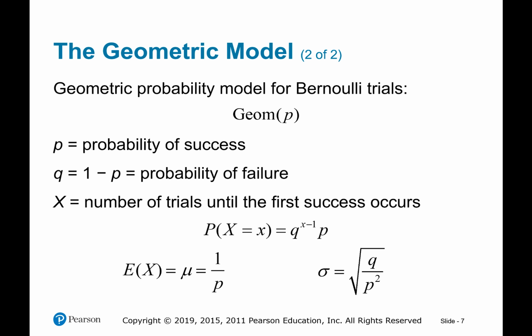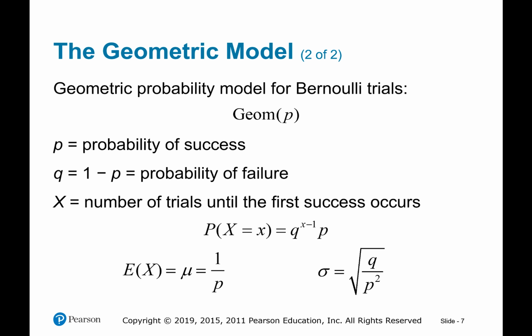Now those ones down at the bottom, make sure you catch these. E of x, that's our expected value. We used that in the last chapter, I believe. The expected value is, of course, mu, the mean. That's simply going to be 1 over p, the inverse of the probability of success.